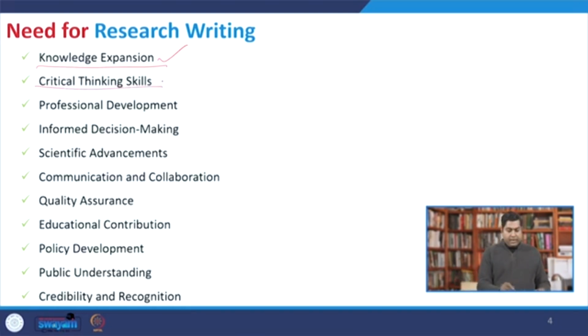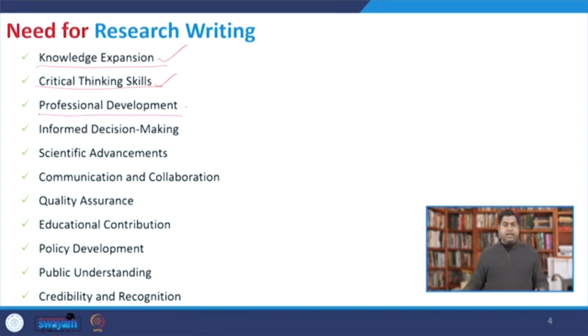Then it will also help in critical thinking skill, because when we started the research taking certain objectives, making a formulation of a methodology, then dealing with the data collection, everything is in place. But when you start writing it, you have to think how you can make your write up concise and how it can be pinpointed to the targeted audience. So like that it will improve your critical thinking skill.